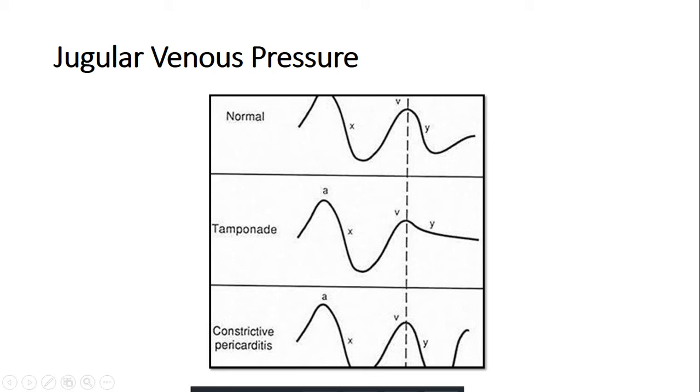Normally, this is X, this is Y. In pericardial tamponade, you have a very steep and deep X, but a shallow Y. See the difference? This is a little bit deeper. This is so shallow. Alright?